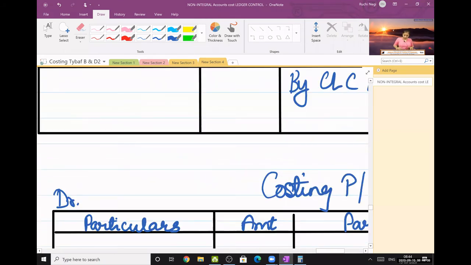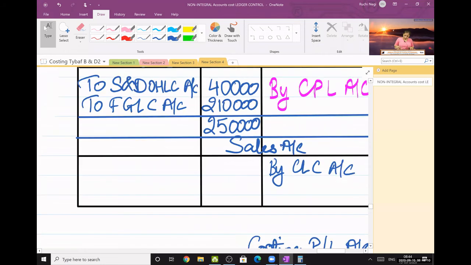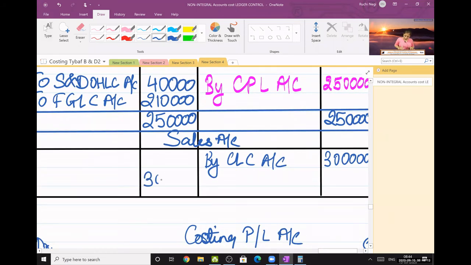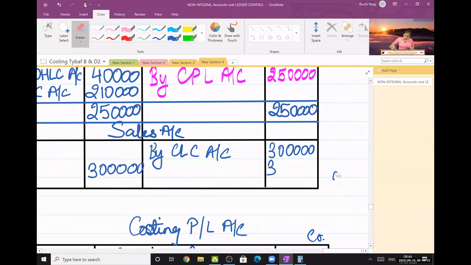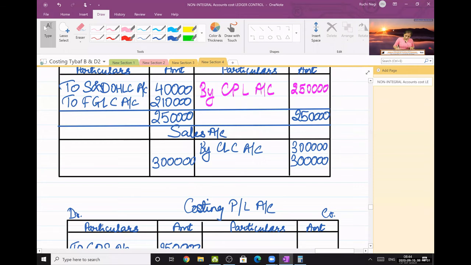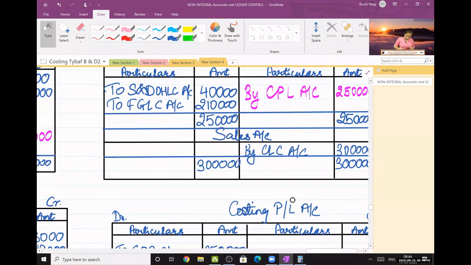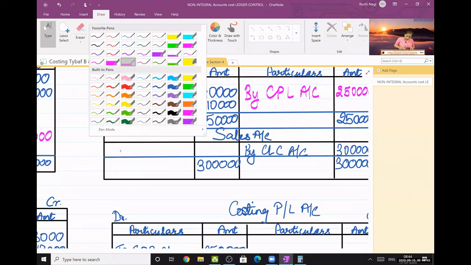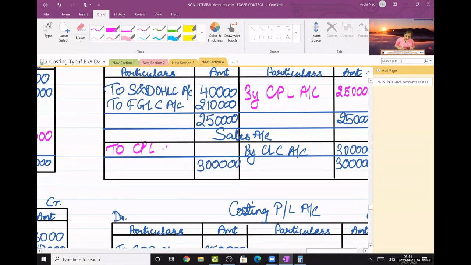Yeah. Next, close sales, 3 lakhs. Then take the balance obviously to CPL. So to CPL, 3 lakhs.